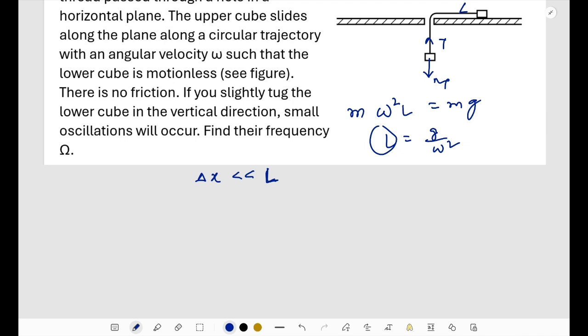So its angular momentum is going to remain conserved. And of course, since there is no friction anywhere, mechanical energy conservation also holds.